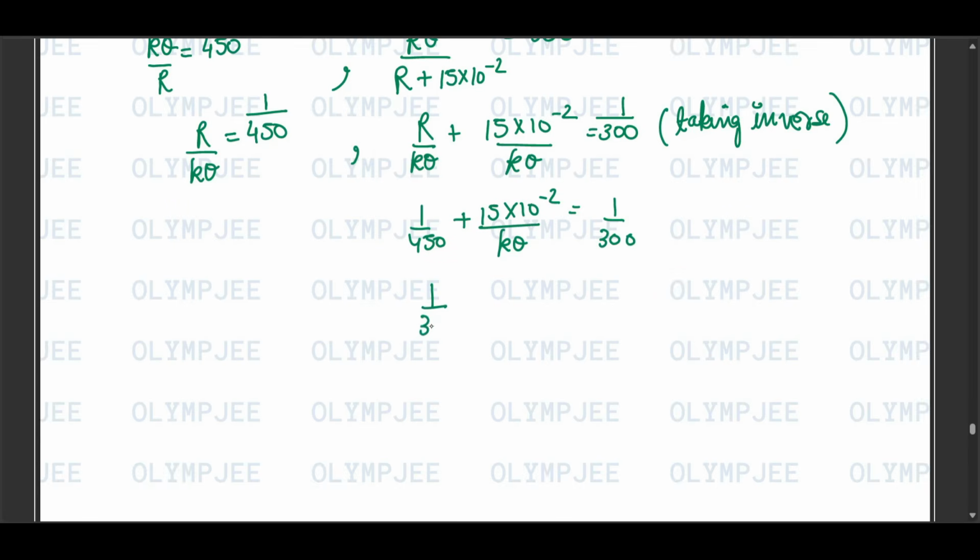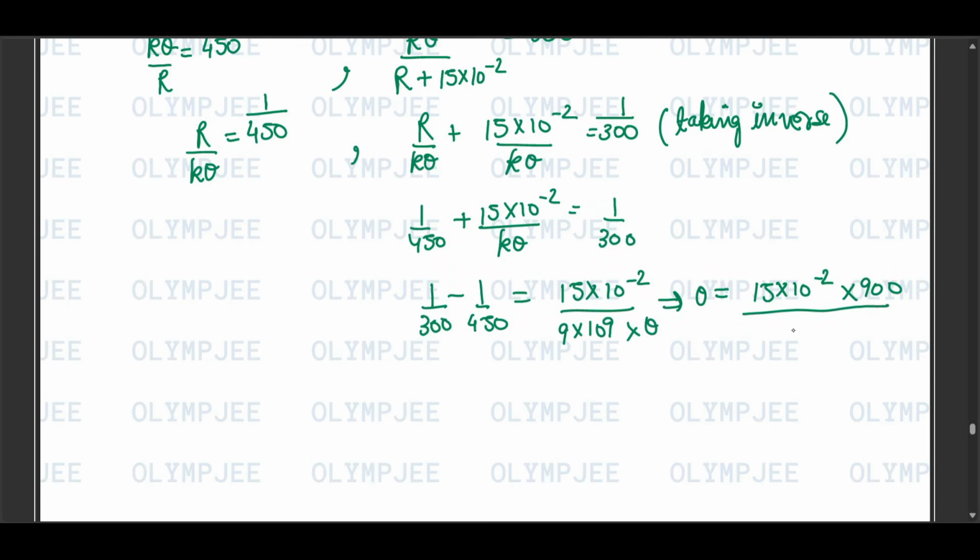So this will give us, which gives us Q as, the LCM will be 900 and this will be 3 minus 2, so 1. So 900 by this much, which will be equal to 15 multiplied by 10 raised to power minus 9 coulomb.